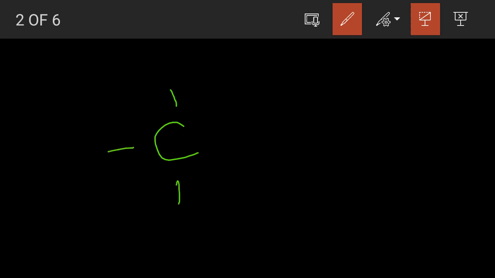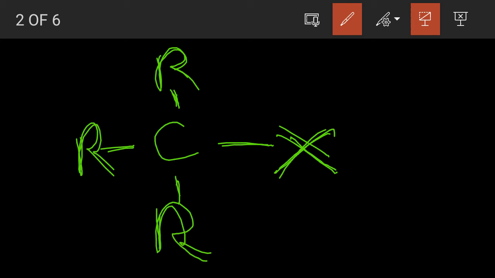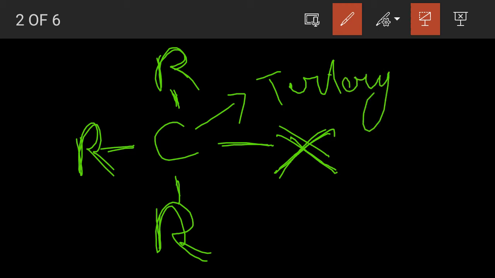Here what happens? All the three bonds formed by the carbon atom, except the bond between the carbon and halogen, are to alkyl groups. These three are alkyl groups. Then this carbon is called a tertiary carbon. This is a tertiary carbon.